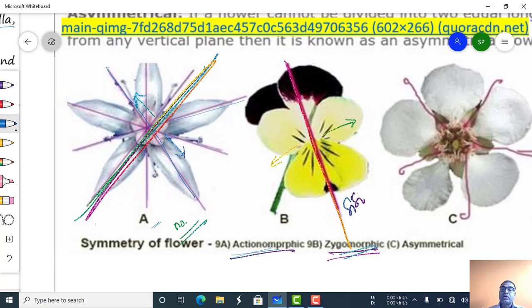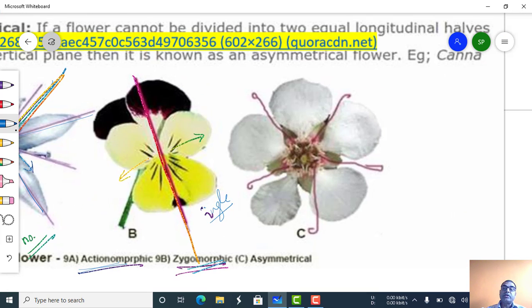Okay, so here a single plane will be present, and if you see asymmetric, there is no plane which can divide the flower into two equal parts.